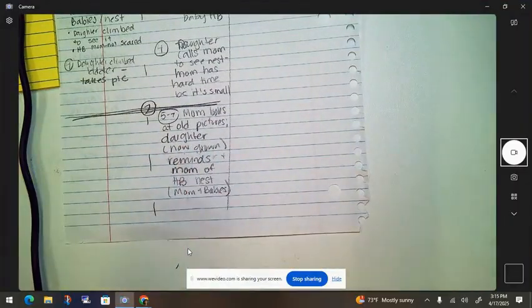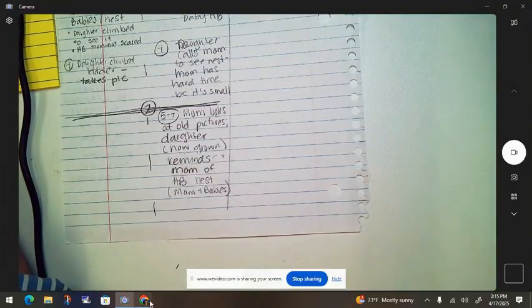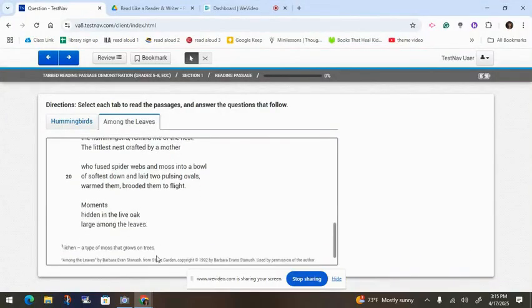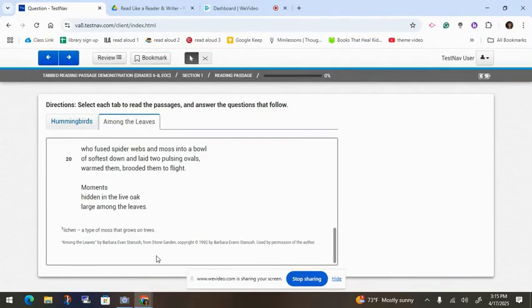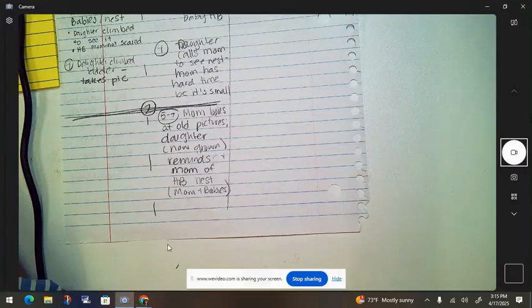Okay. And then we'll finish with stanza 8. Moments hidden in the live oak, large among the leaves. So I think they're just kind of wrapping it up and ending it. This was this cool parent-daughter moment. They're going to always remember that day. It's always going to be a memory for them.